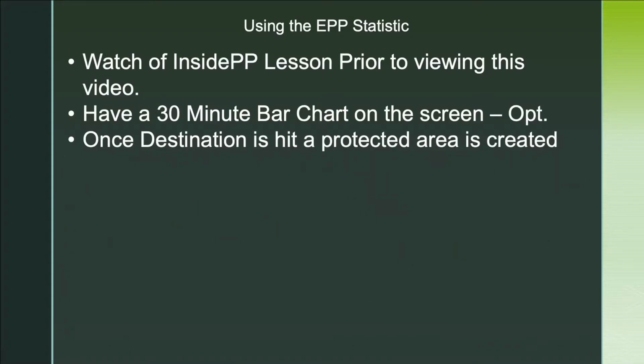Now, the other thing that the EPP statistic does for you, and this is probably the most important thing, is that once one of the prior 30-minute range highs or lows has been tagged, a protected area is created.